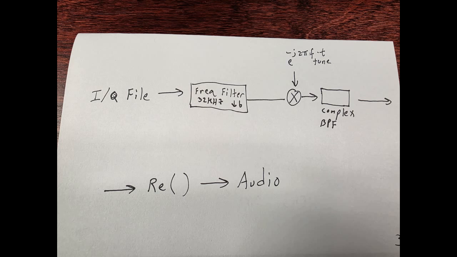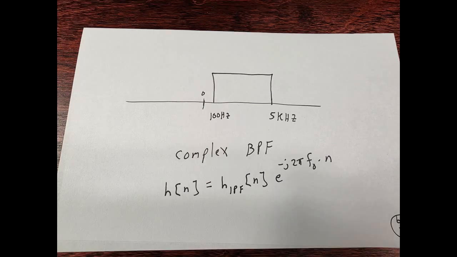Okay, slide 4 here. Now, how did we make this complex filter? Again, it's in GNURadio. You can just download the flow graph, but for those of you that want to know the math, basically we make a low-pass filter, and then we simply multiply it by this complex phasor here, and now this filter has imaginary parts and real parts, so it's complex, which allows us to make this single-sided filter that you see here.